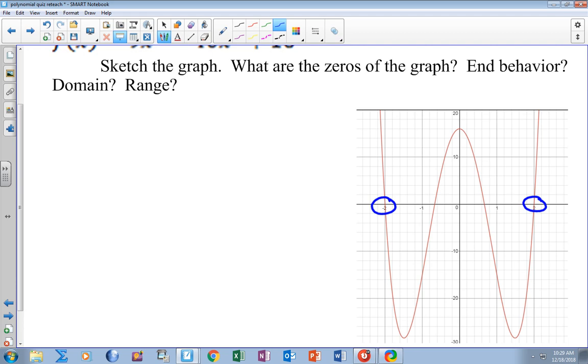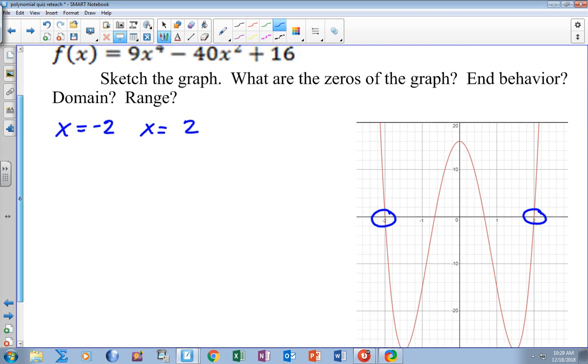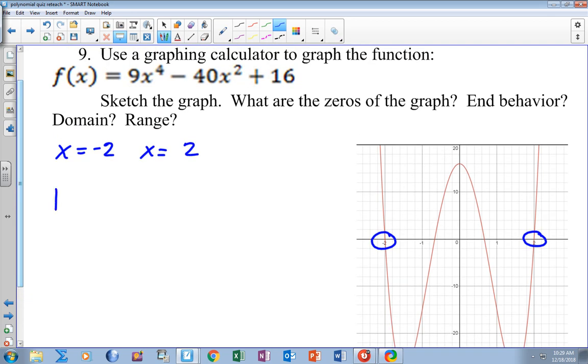So we know our zeros are at x equals negative 2 and x equals, what did we say that was? Positive 2. All right, I'm going to use synthetic division in order to find this equation. So remember to use synthetic division, we're going to put our first number through, so x equals negative 2, and then put our leading coefficients in, so we have x to the 4th degree.